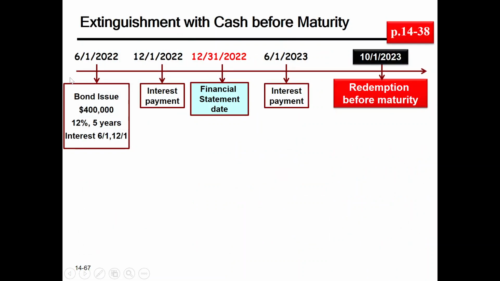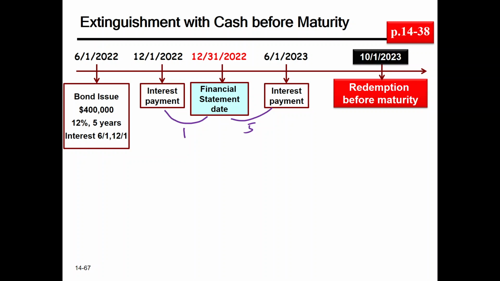Okay, so before you buy back the bond, be careful which date the financial statement date is. Since financial statement date is not the same as interest payment date, you should be careful. It's only 1 month, not 5 months. So that's the first issue. Then redemption date, you buy back the bond before maturity date, right?